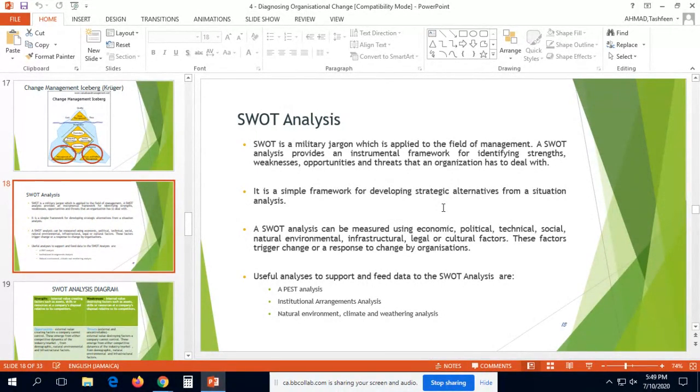The way I look at it, sometimes what you line up as your strength might become a weakness in some other situation. So strengths and weaknesses are very dependent on time and space and the situation.